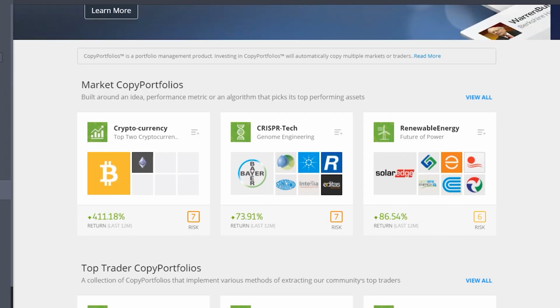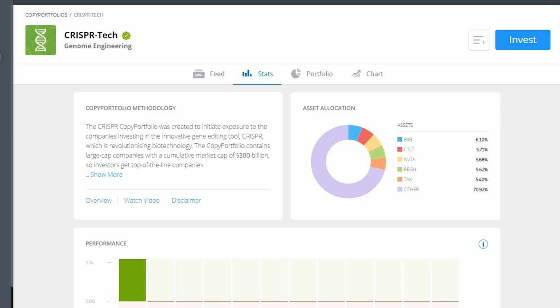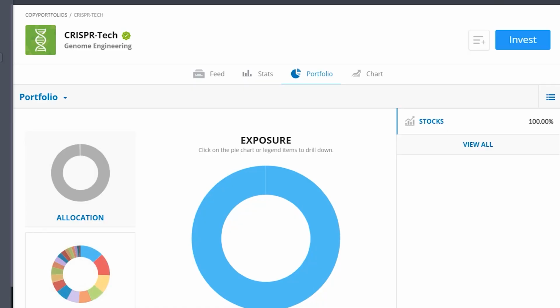Okay, so let's go back. So that's basically what market portfolios is. Let's just open these 2 as an example. So here you've got the asset allocation. You've got all these nice little equal percentages, and then you've got other. What ones are in the other? Let's go to portfolio.